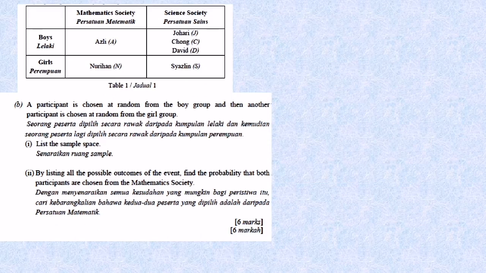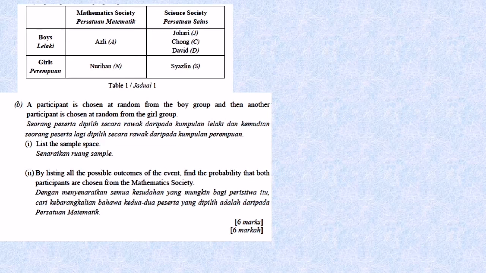B. A participant is chosen at random from the boy group and then another participant is chosen at random from the girl group. So the boy group is here, the girl group is here. List the sample space.